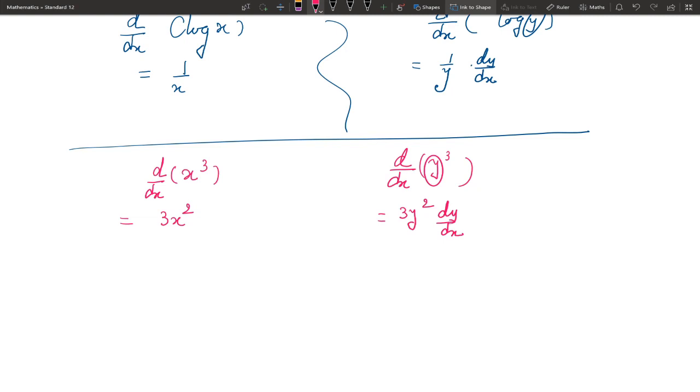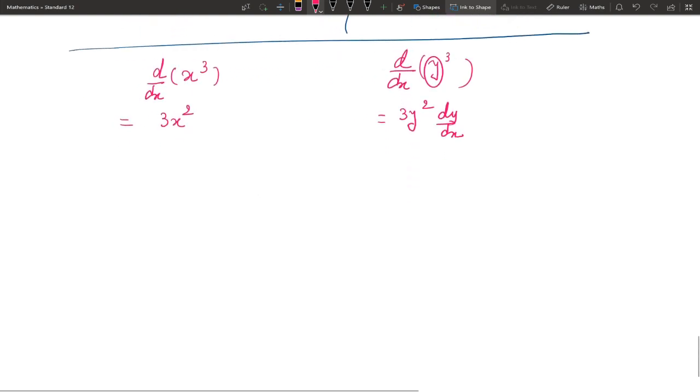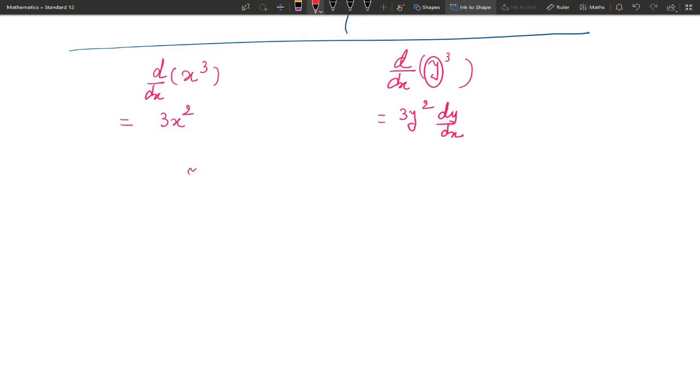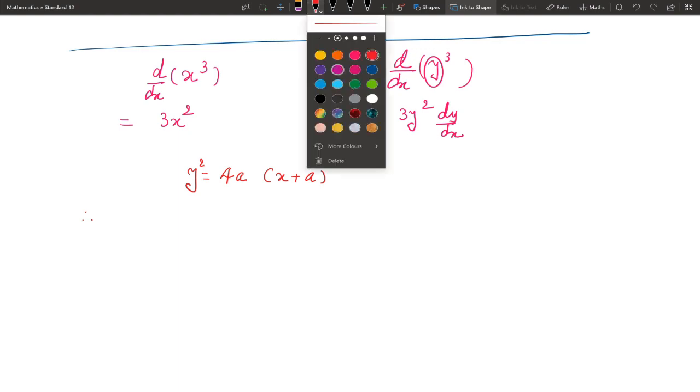So again we recall our original sum: y square equal to 4a into x plus a. So differentiate both sides with respect to x.